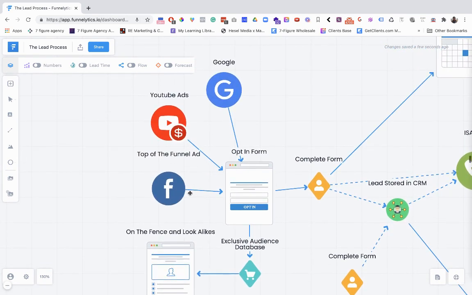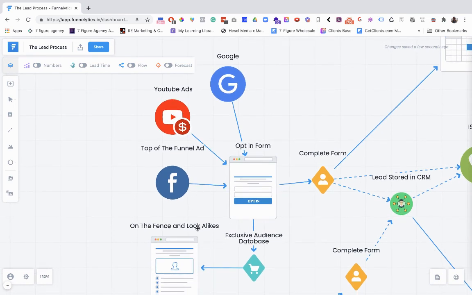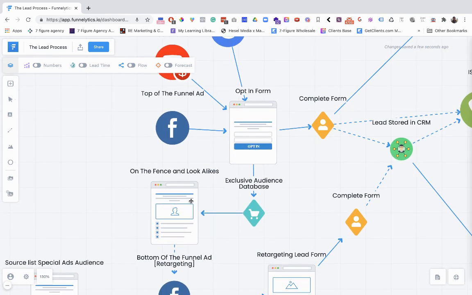At the same time, we're going to try to create lookalikes because these people may look like other homeowners.